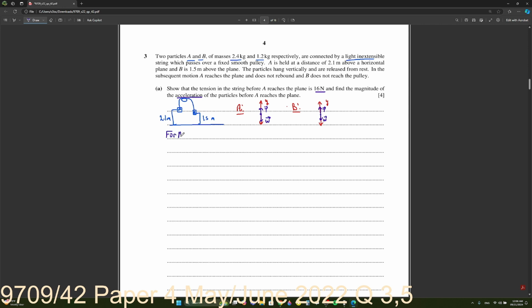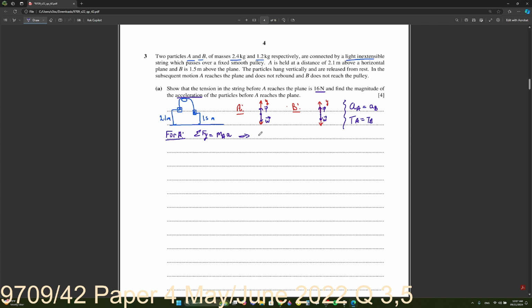For A, we know that sigma Fy is equal to the mass of A times the acceleration. It would be nice to note on the side that the acceleration of A is equal to the acceleration of B, and the tension on A is equal to the tension on B, because it's the same light inextensible string. What vertical forces do we have on A?